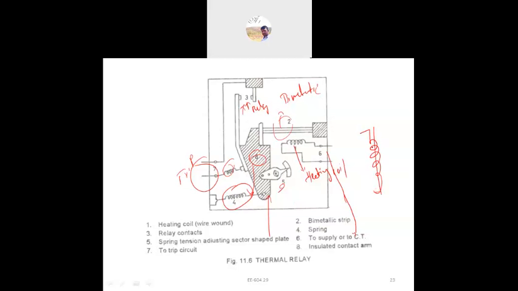Here, instead of a magnet, we are using a bimetallic strip, which operates by the variation in the contact with heat. That is a heating coil. If the heating is increased, the contacts of the bimetallic strip will be varied. That is the difference between the electromagnetic relay and the bimetallic strip relay.